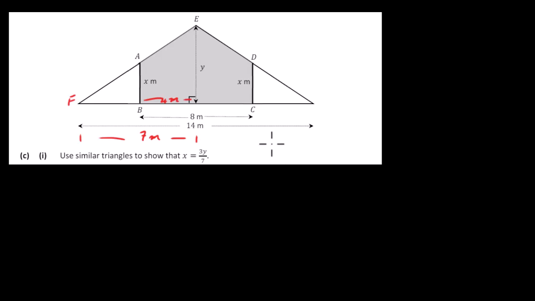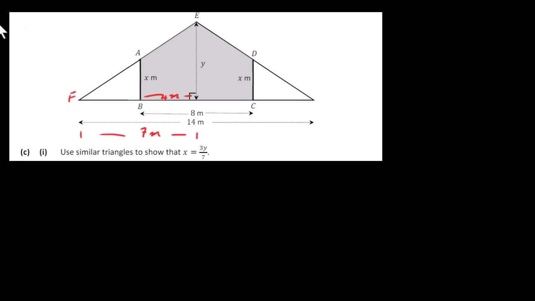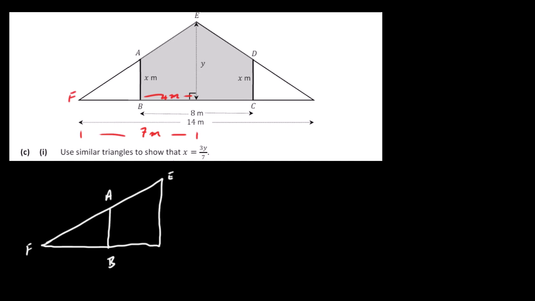So let's just prove that they're similar first. Let's just redraw them. So we'll call this F. We've got A here, we've got B here, got E here, and actually I'll put G down here.